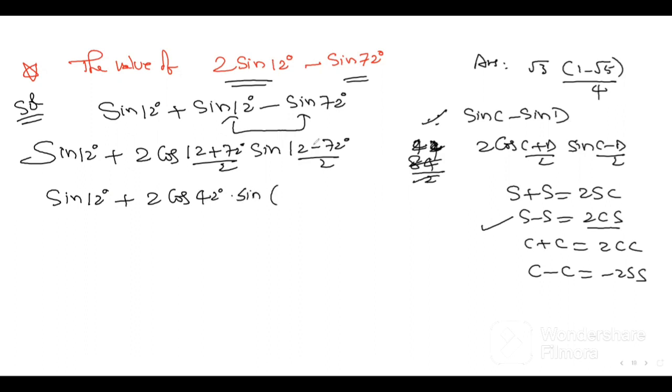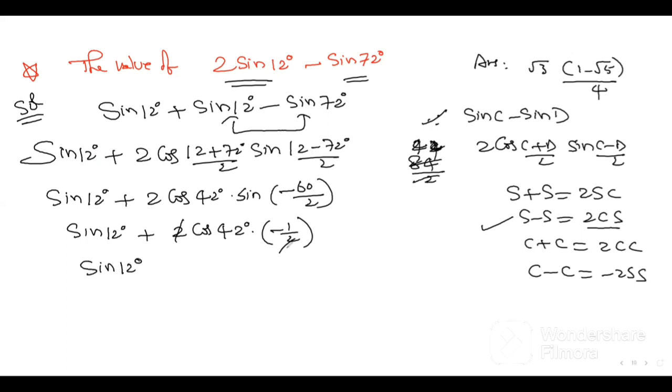Sin here, do the subtraction: 12 minus 72 is minus 60 degrees, by 2. Here sin 12 degrees plus 2 times cos 42, the sin of minus 30 will become minus 1 by 2. The 2 cancels here. Okay, now sin 12 degrees plus, into minus, minus cos of 42 degrees.